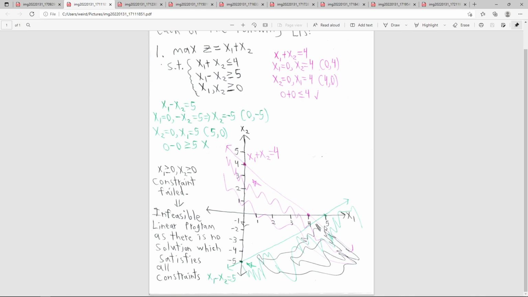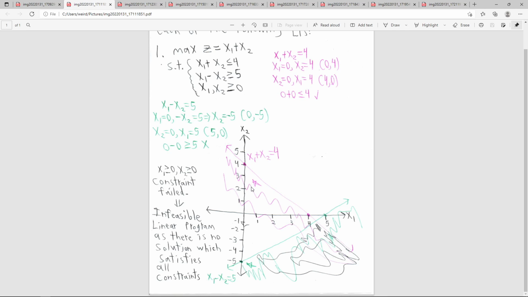So the pink and the green, the combined areas where I'm putting in a little bit of black, is all negative values of at least one variable. We'd have x1 be positive, but x2 negative.